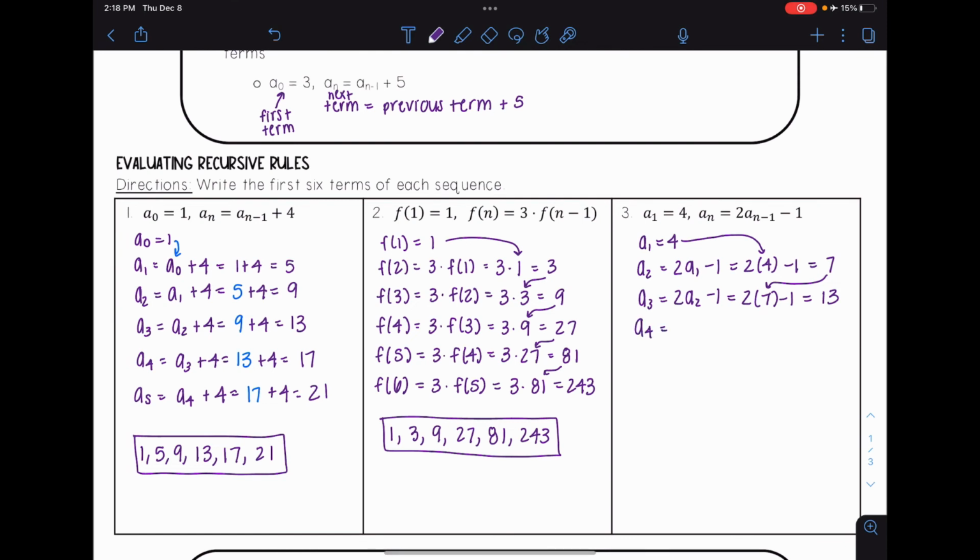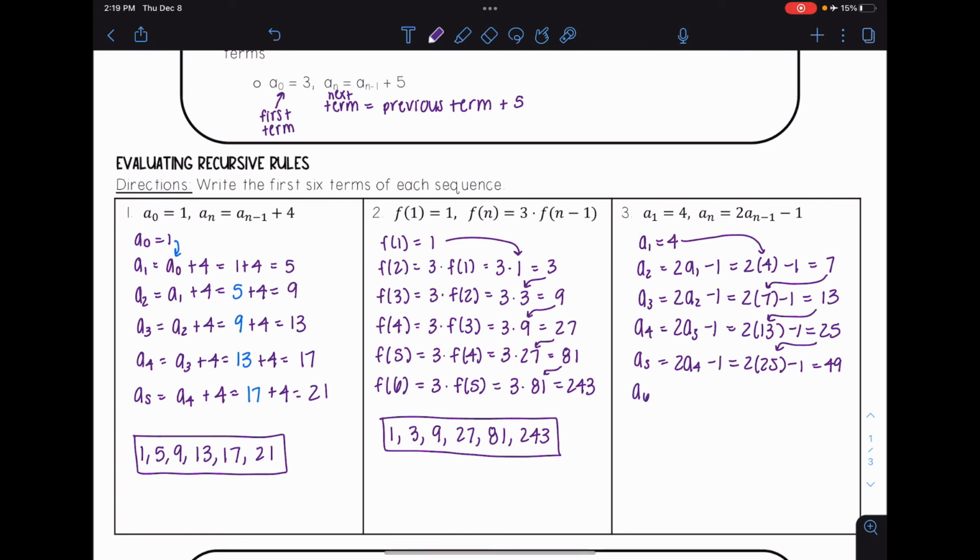a_4 is going to equal 2 times my previous term, a_3, minus 1, which is equal to 2 times 13 minus 1, which gets me 25. a_5 is going to equal 2 times my previous term, which is a_4, minus 1. So I have 2 times 25 minus 1, which gets me 49.